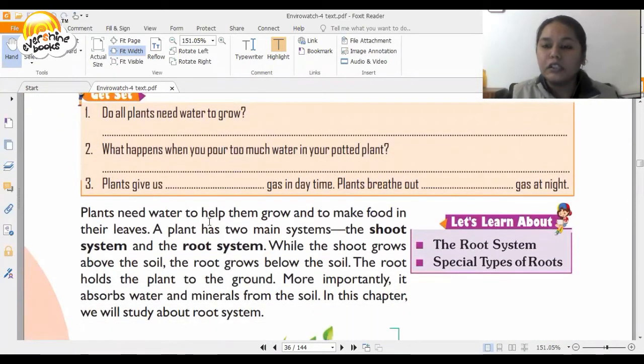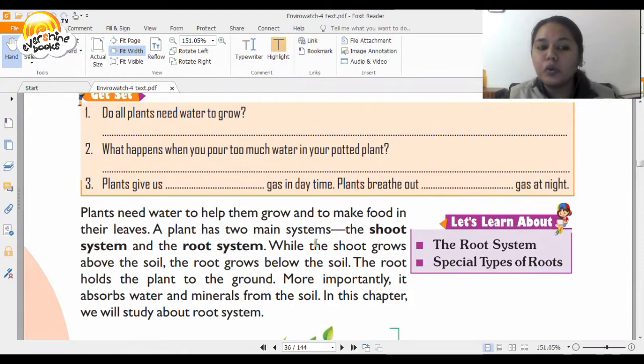Plants need water to help them grow and to make food in their leaves. A plant has two main systems. What are these two main systems? The first one is the shoot system and the second is the root system.